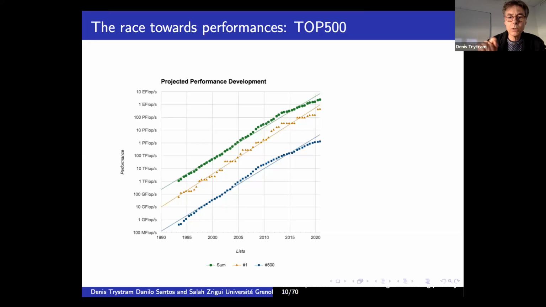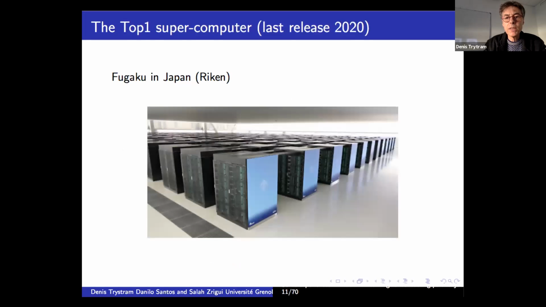Number one is a triangle, and the summation is the circle at the top, and the other one, the curve below, is the number 500. So this gives you an idea of how the power is growing. Okay, so this is just a picture of the first machine, the top machine in the last ranking last June.